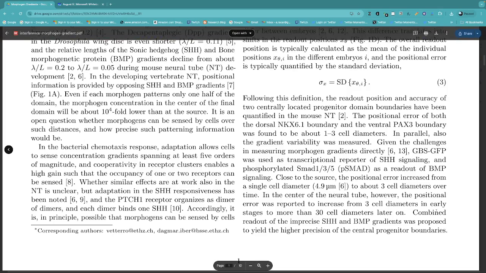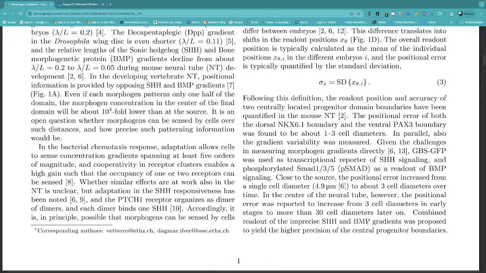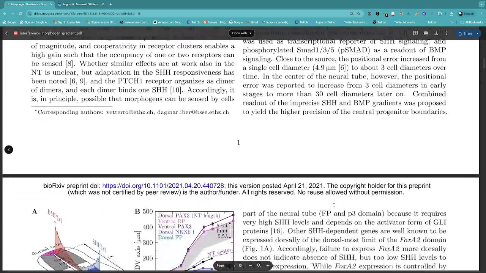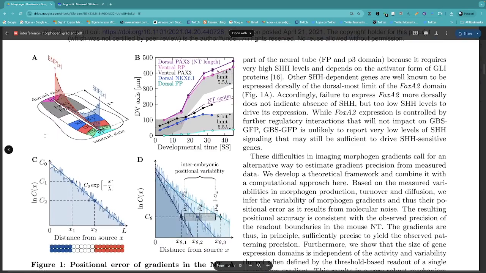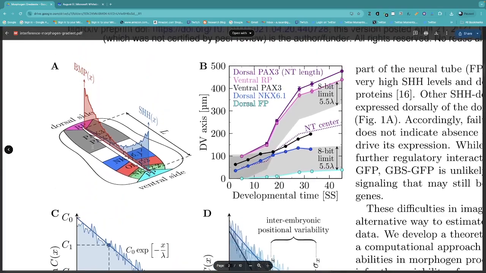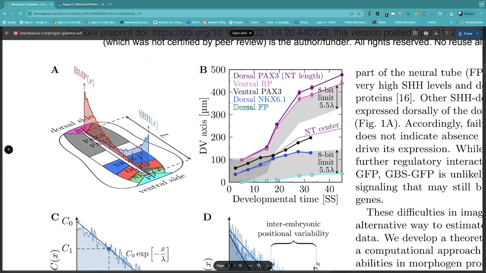Combined readouts of the imprecise sonic hedgehog and bone morphogenetic protein gradients was proposed to yield the higher precision of the central progenitor boundaries. So this is showing an example here, in this 3D model, where you have the dorsal side and the ventral side.